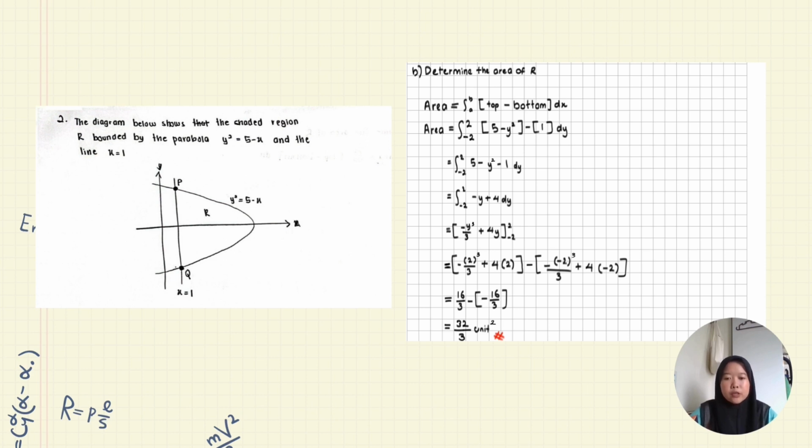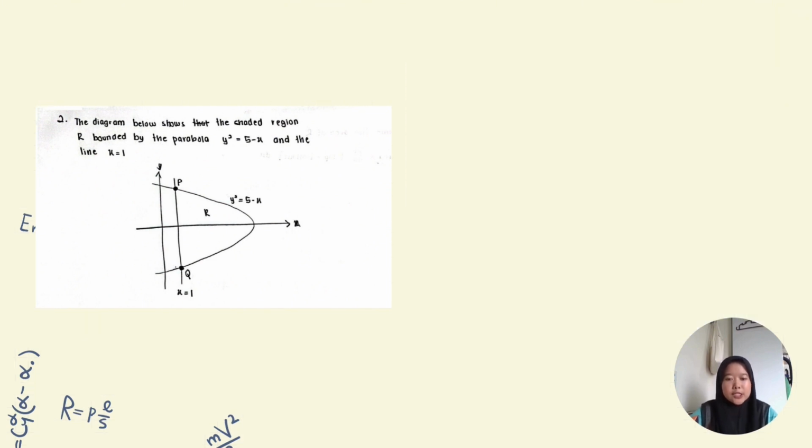The answer for the first bracket is 16 over 3 and the answer for the second bracket is negative 16 over 3. When we subtract, the final answer will become 32 over 3 units squared. That's all for this question.